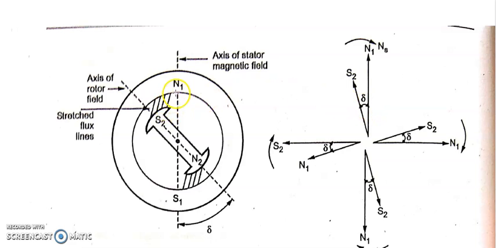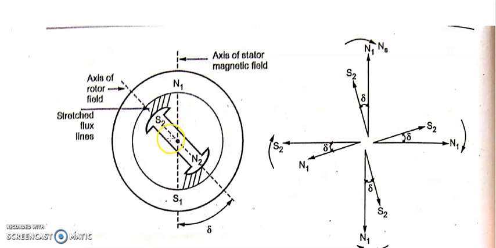You can see before there was a strong magnetic locking between the stator pole as well as the rotor pole. As you increase the load, delta will increase, so the force of attraction between the stator pole and the rotor pole will decrease. These lines will get stretched as you increase the delta.